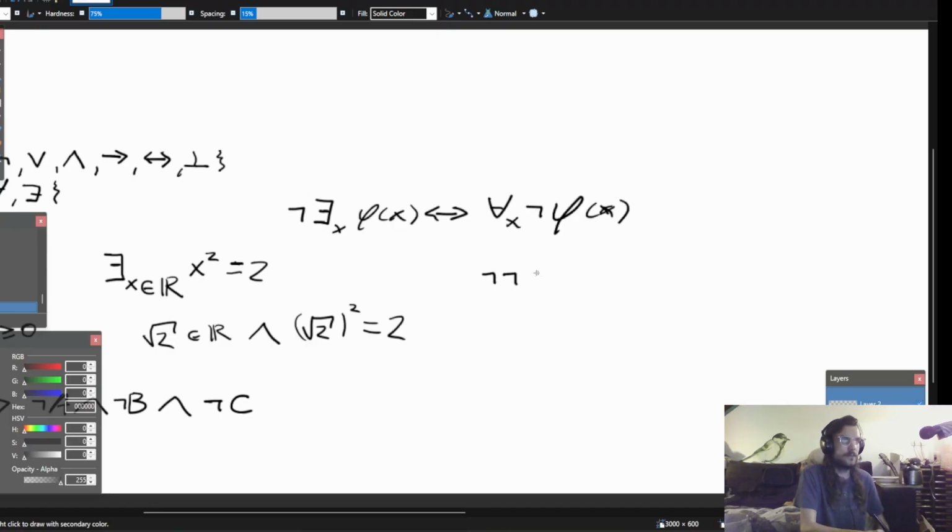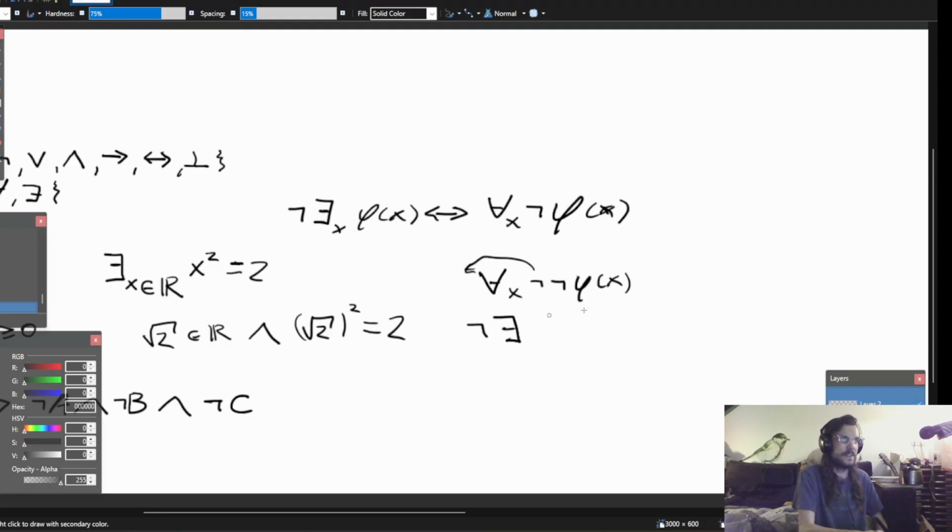Another little useful tautology: not not A is the exact same as A. This follows from the law of excluded middle. So we can add in not everywhere. It's like multiplying -1 by -1. So if we have for all x, phi of x, then we can add a not in here, and we can take this not and flip it to the other side, make this a there exists statement.